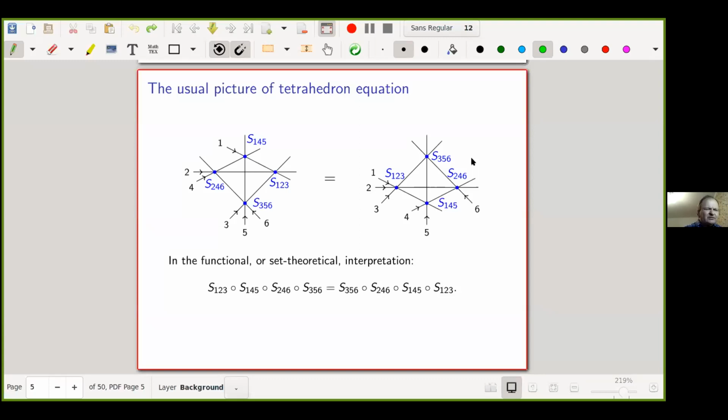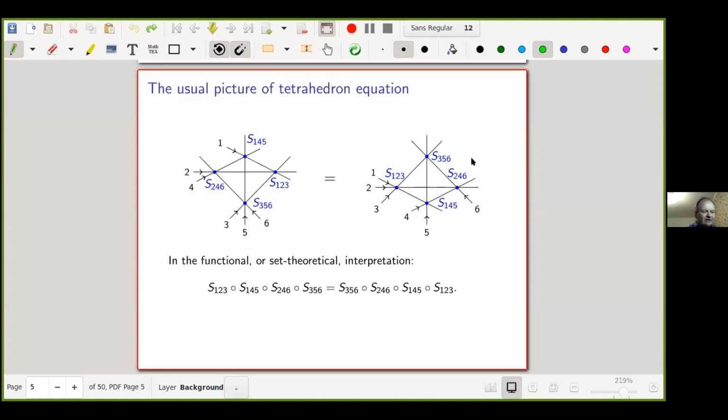In principle, as I said, these 6 variables that are somehow transformed by these 4 S capital may belong to different sets, and so these 4 S's may also be different, or they may be essentially the same.